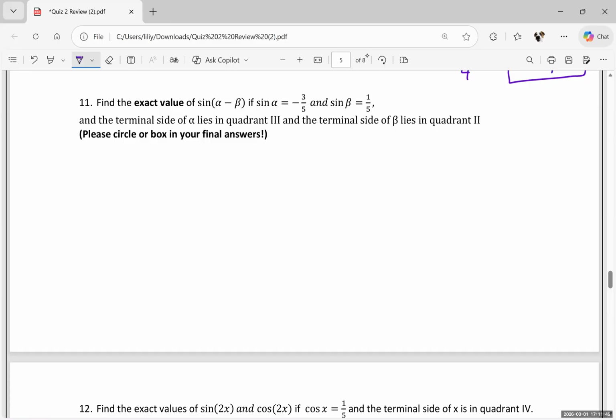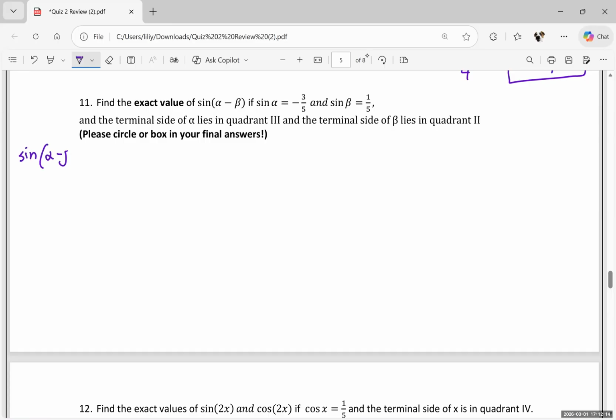I need to be able to read your calculations, so especially if you know you are not doing stuff in order, I have to be able to follow your logic. So please make sure that you are at least boxing in or circling your final answers, so I'm not hunting them down. You need to start by writing down the formula for sine of alpha minus beta. The formulas will be provided for you on the exam.